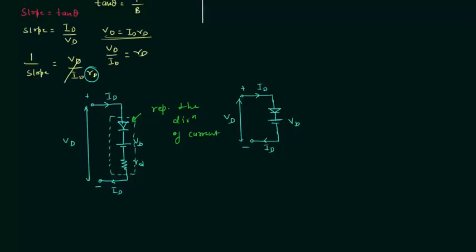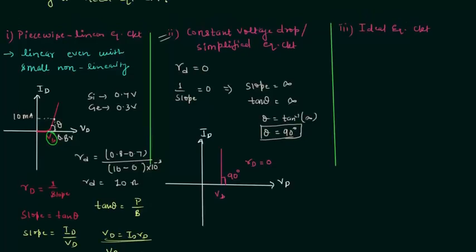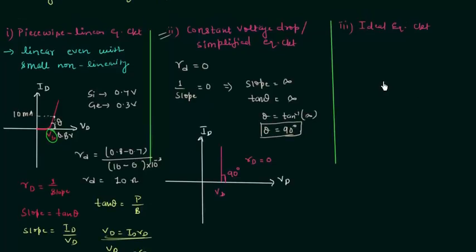So this is all for the constant voltage drop model. Now we will move to the third model, that is the ideal model. And in case of ideal model, both diode resistance RD and barrier potential are equal to 0. This is something we have already covered in the last lecture, that the diode resistance is equal to 0 and barrier potential is also equal to 0 in case of ideal equivalent circuit.